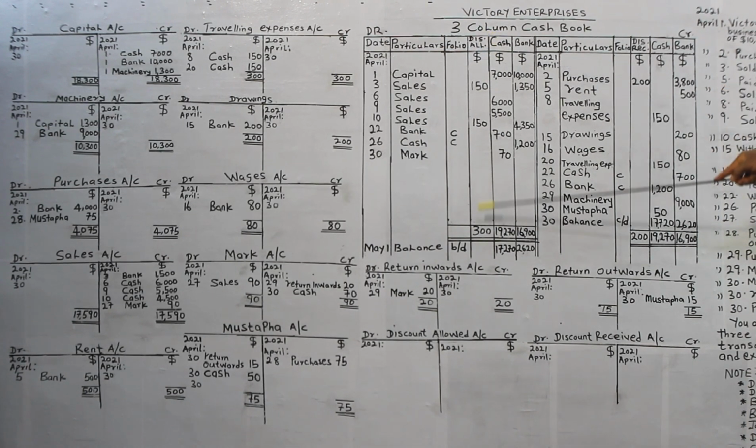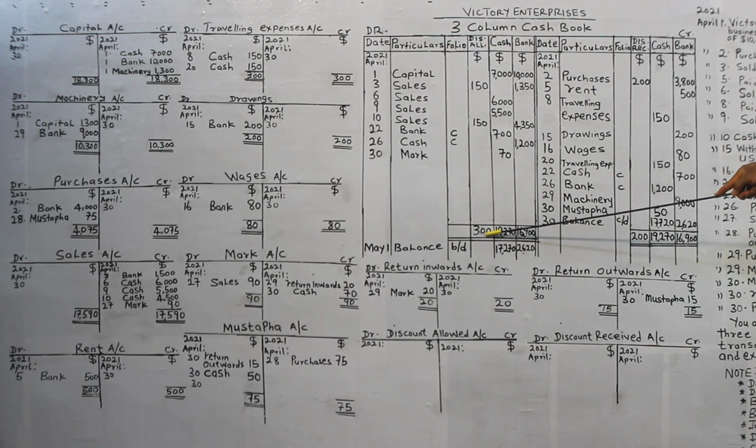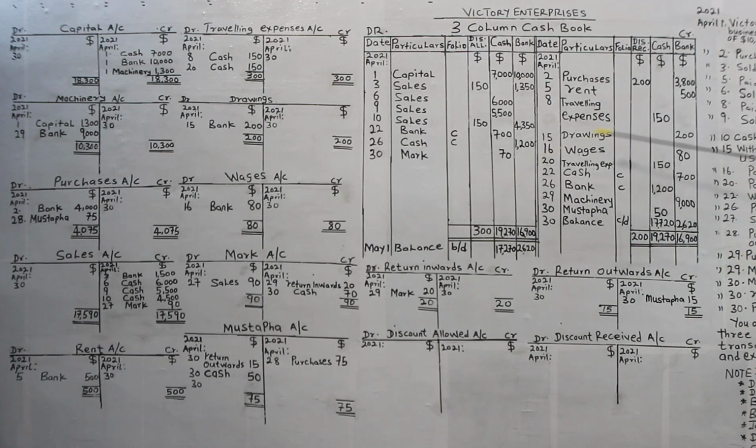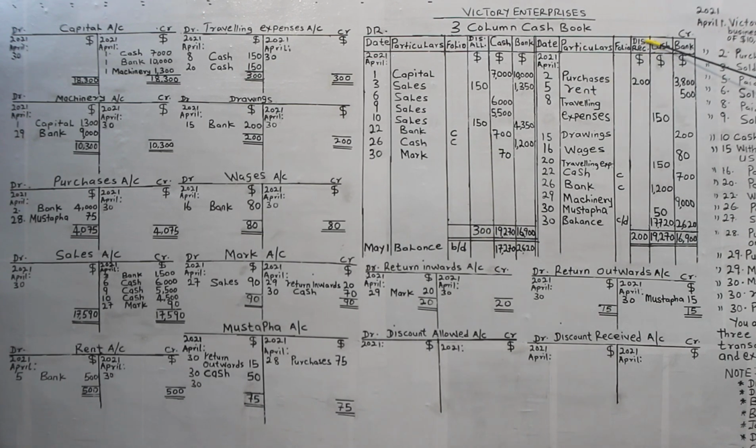You just bring down the total of the figures here. Then under the discount received on the credit side, the total discount received figure is 200. Then you bring it down and get it closed here. Looking at what we have done, you discover that the total discount allowed is 300, while the total discount received is 200.